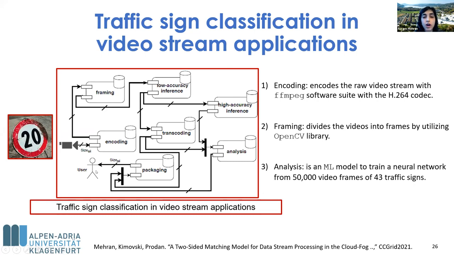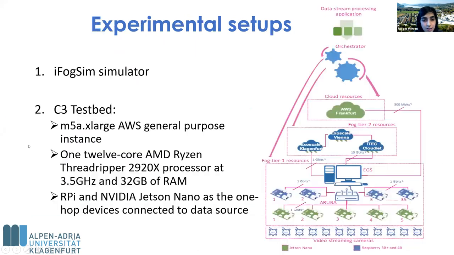And then at the end, the driver of the car will receive, for example, an alarm that this broken traffic sign is 20 kilometers per hour, and he or she will receive a warning for that.